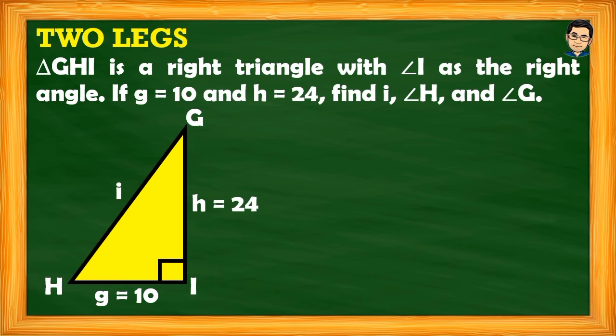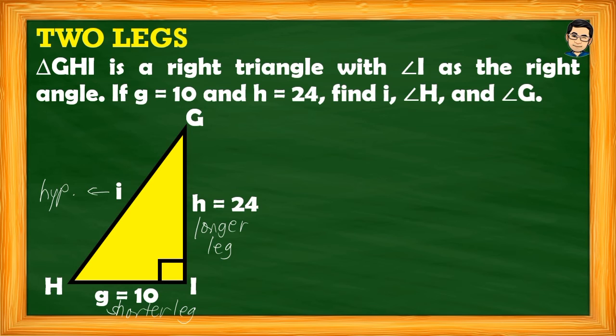So ayan. As you can see sa figure natin, yung H and G, these are the two legs of the right triangle. So G here is the shorter leg. And then H here is the longer leg, of course. And then basically yung I natin dito is yung ating hypotenuse, the longest side.